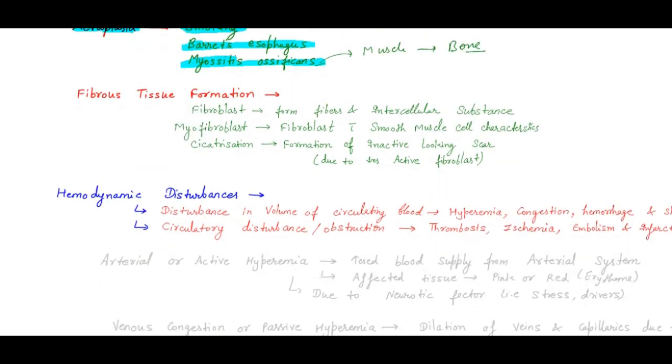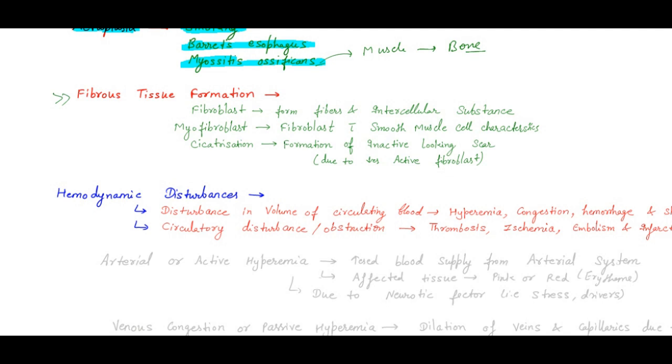Fibrous tissue formation, remember the fibroblast. What is the function of the fibroblast? They form the fibers and the intercellular substance. So if you have a loss of the fibers, which substance will be increased?